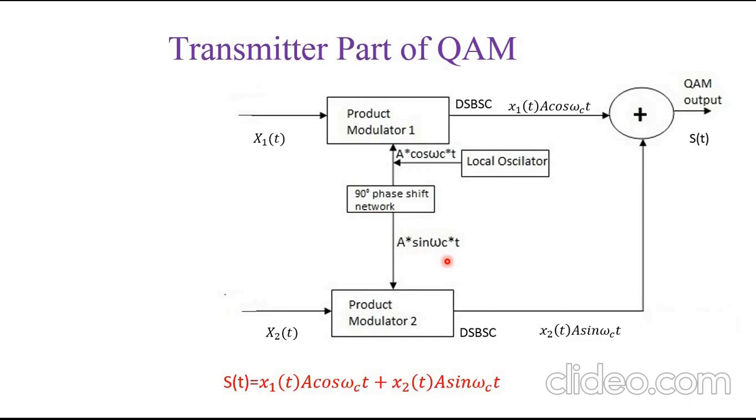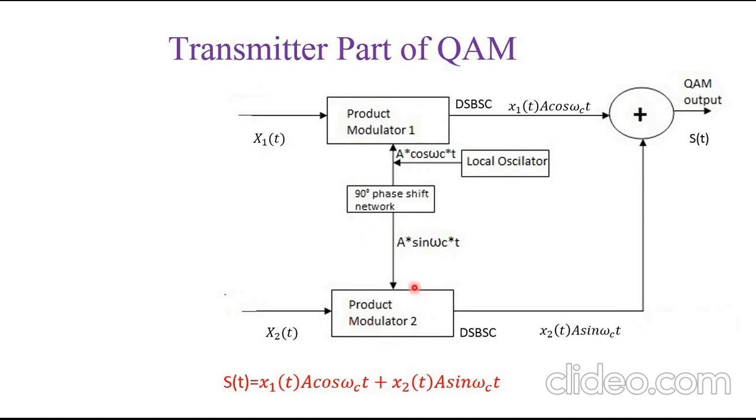Now here in QAM we have two signals, let us say x1(t) and x2(t), and we give them to the product modulators.